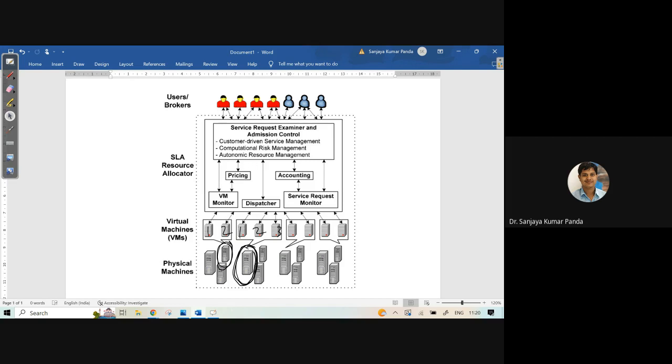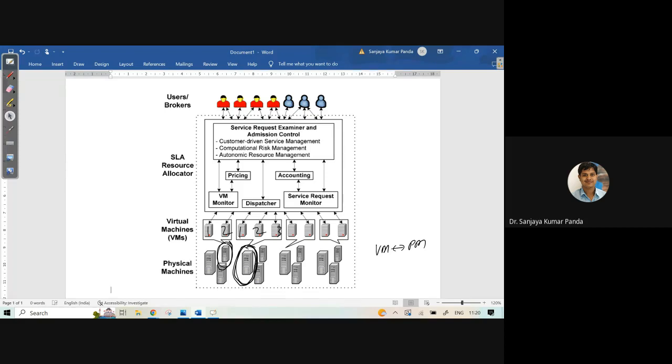So there are 3 different research problems, if you are interested. First is how to map the virtual machine to the physical machine. Which virtual machine is mapped to which particular physical machine? That is one of the research problems. Why is it important?